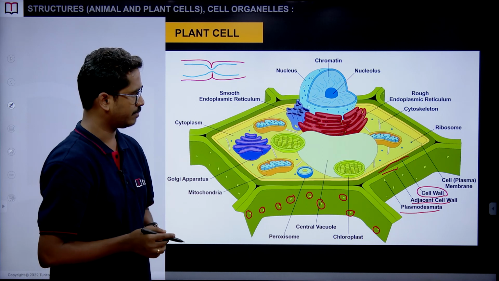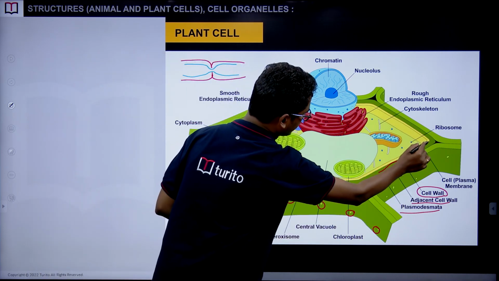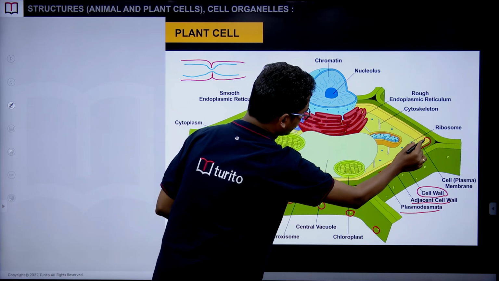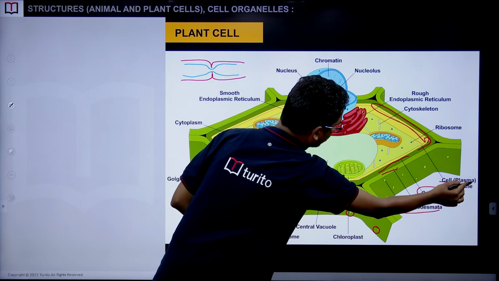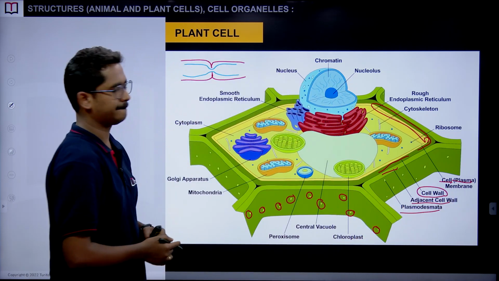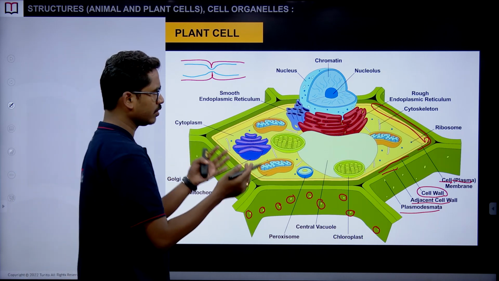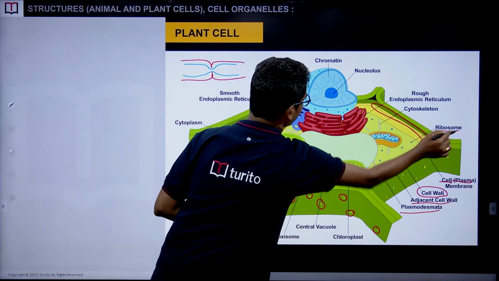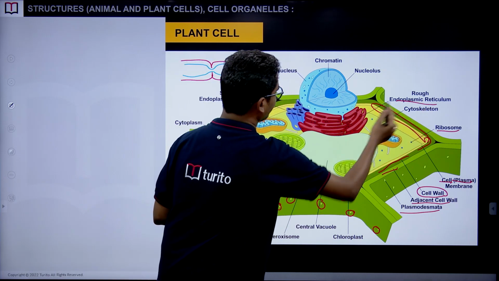Okay. Now, you see that is the cell wall, following which internally there is a yellow layer over here, you can see that. That is our cell membrane or plasma membrane. So, that is what is present, and you can observe there are some of the common organelles like ribosome, endoplasmic reticulum, which is rough in color.